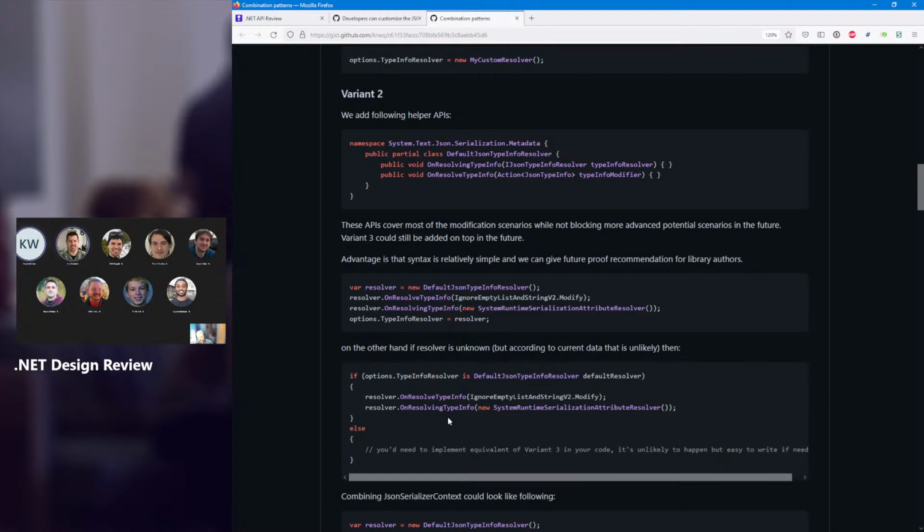No. Basically, as long as the options are alive, it could be used, because you could pass a brand new never before seen type to it. Yep, I see. Yeah, because I was going to suggest that once you invoke all of the callbacks, you could just drop your own reference to them, but you're right. But on the other hand, the resolvers are supposed to be very cheap types.